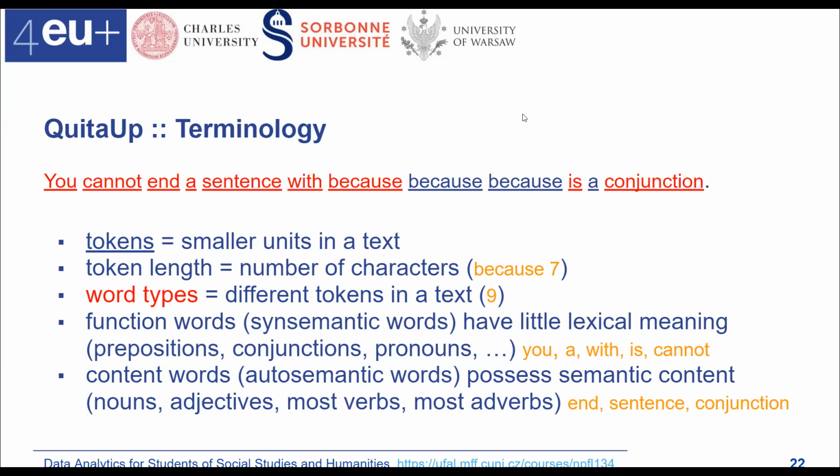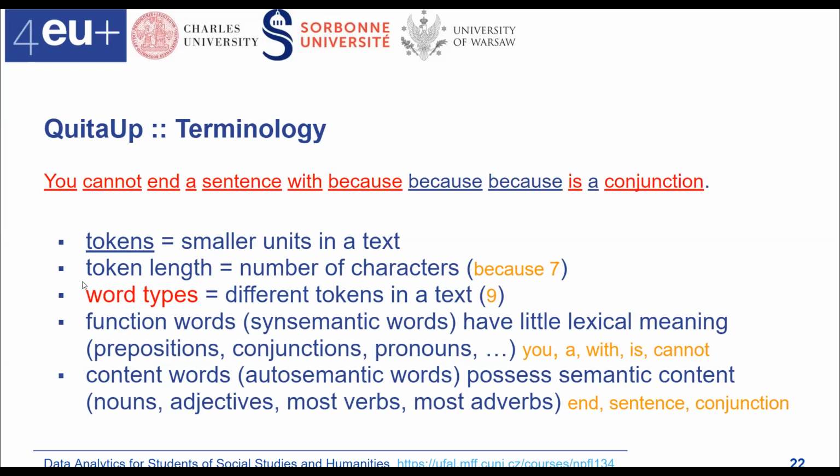So in total, after tokenization, we can see 1, 2, 3, 4, 5, 6, 7, 8, 9, 10, 11, 12 tokens. Quitup doesn't work with punctuation. In a standard tokenization procedure, punctuation is handled as a token, but Quitup doesn't work with punctuation.